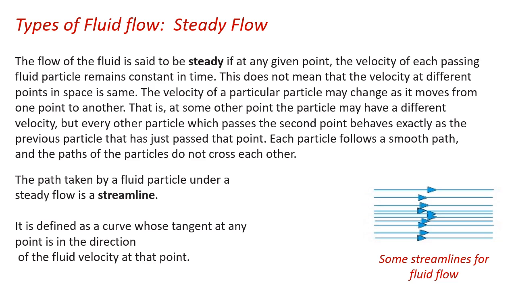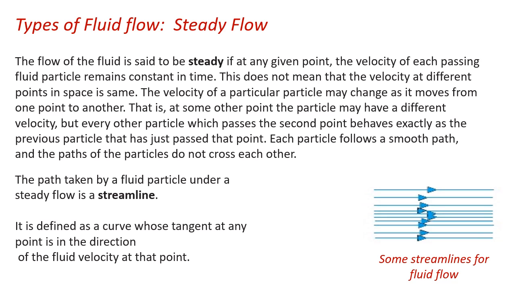The flow of the fluid is said to be steady if at any given point the velocity of each passing fluid particle remains constant in time. This doesn't mean that the velocity at different points in space is the same.